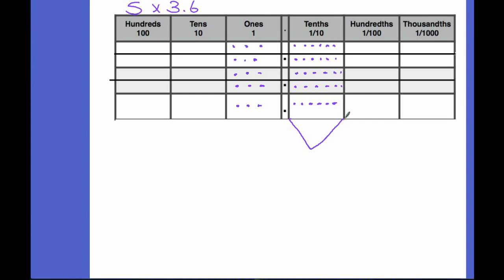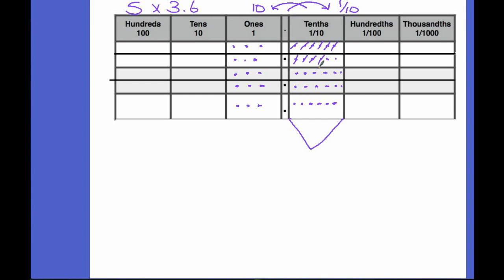We move the number over to the ones place, because remember, we're going this way, it means that we've increased by 10. When we go this way, it means we've increased by 1/10, right? So every 10 is going to come over to my ones place. So right here I have 1, 2, 3, 4, 5, 6, 7, 8, 9, 10.